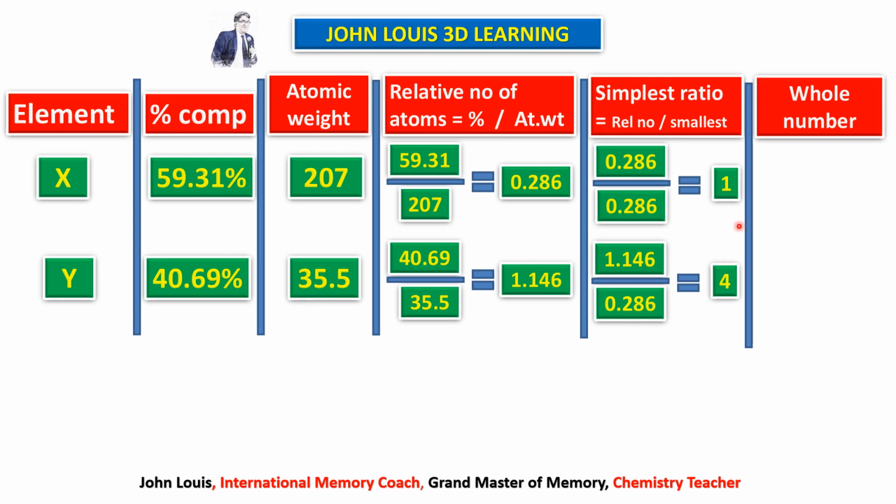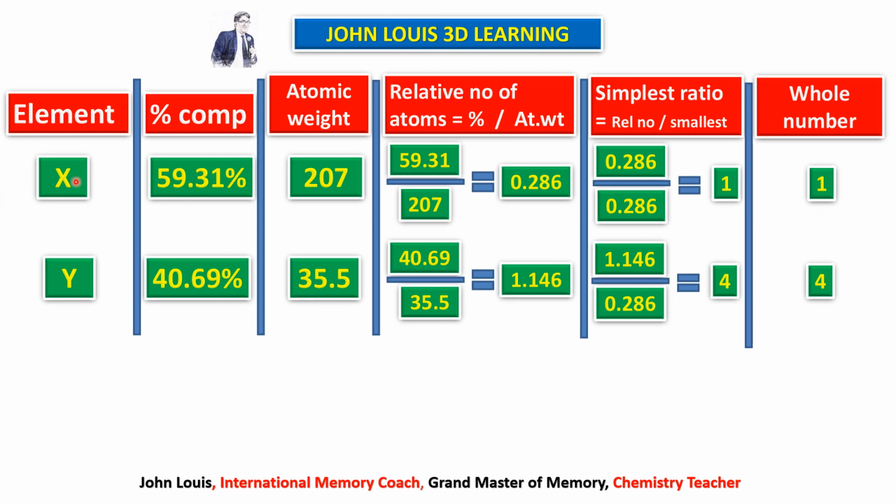So it's almost exactly a whole number. Therefore, if you correct it to the whole number, you will get 4 and 1. Suppose you get 3.9 here, you can correct it to 4. Suppose you get 4.1, you can also correct it to 4. So you have to correct it to the nearest whole number. Like that we have to correct it.